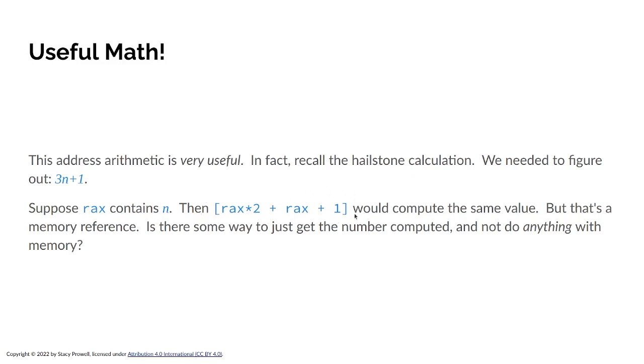it gives us RAX times 3 plus 1, and it would do it in a single instruction because there's special hardware in the processor to compute these addresses. But it's a memory reference, right? I mean, we don't want to get the content of memory at this address. I just want to know what that address is.